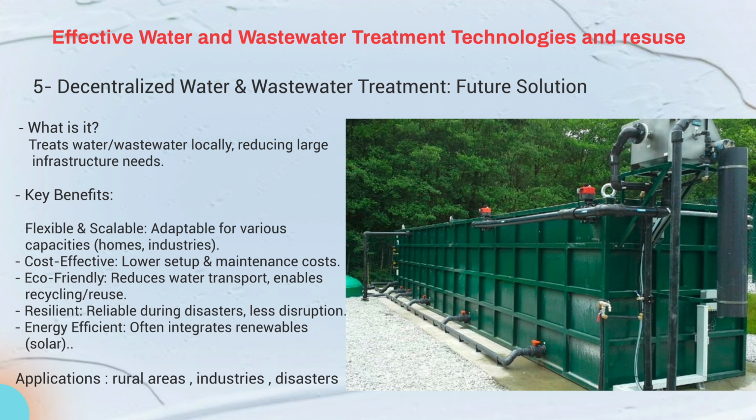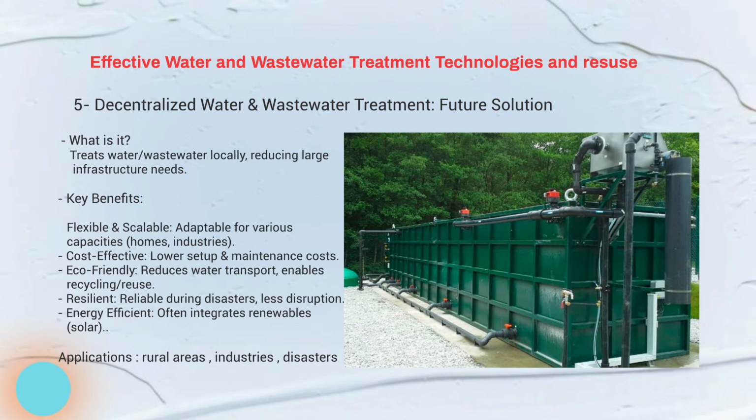These systems are flexible, cost effective, and can operate using renewable energy like solar power, making them well suited for rural and disaster-prone areas. However, for these systems to be successful on a larger scale, strong regulation and public support are essential.